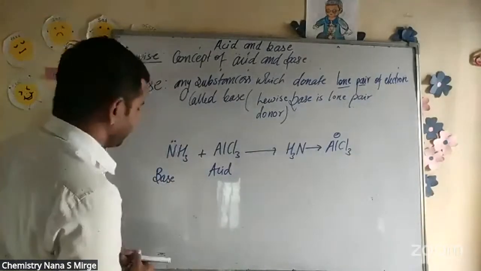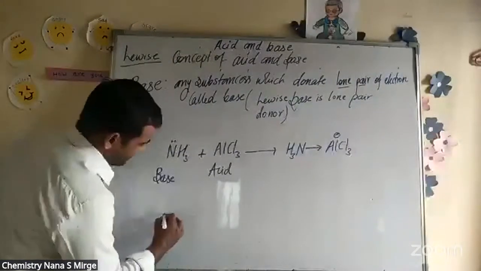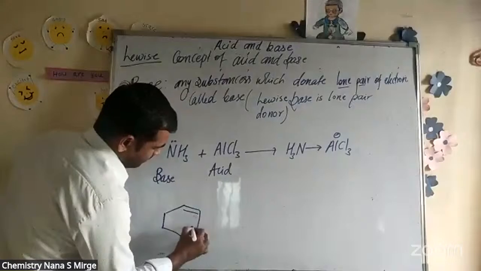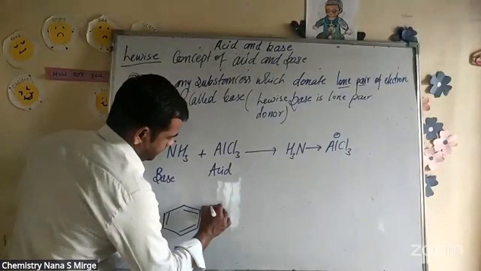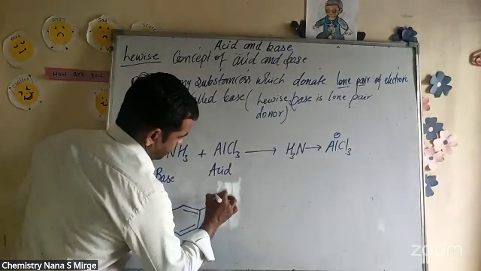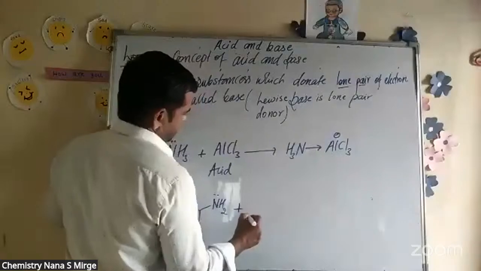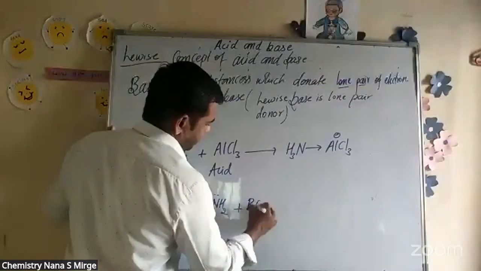Another example: suppose aniline. It has NH2 with a lone pair, and for donation you take BCl3.